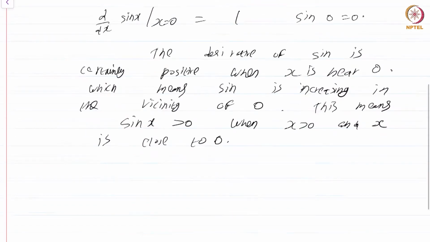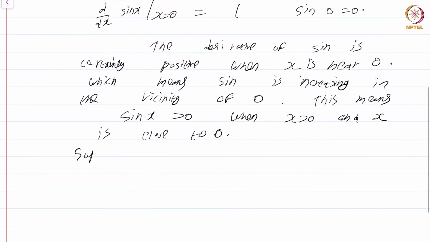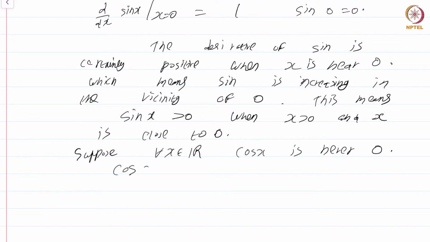Now, suppose for all x in R, cos x is never 0. We also know that cos 0 is 1, cos x is never 0, and cos is continuous.